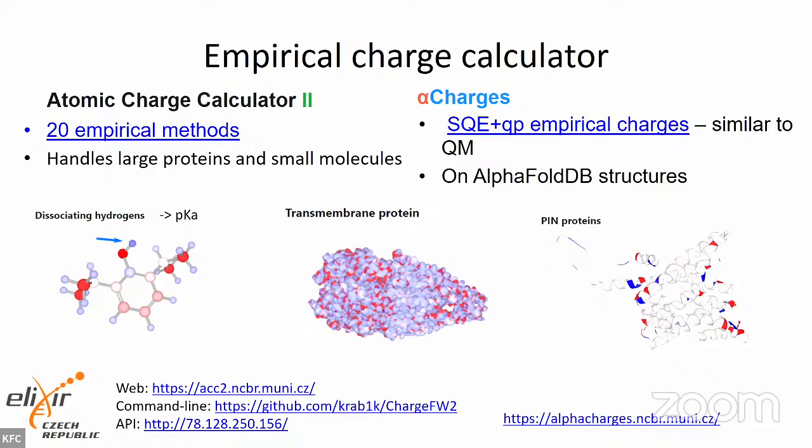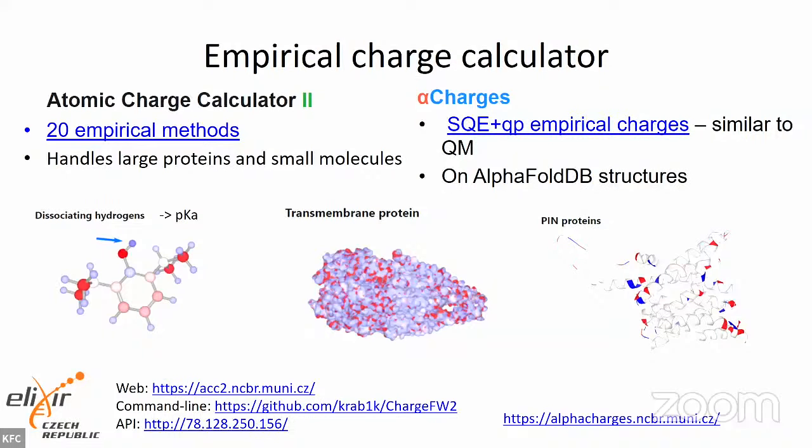The problem with Gasteiger charges, if you put them into the simulation, is that they are not as good for how the molecules interact with each other as the RESP charges are. Because the RESP charges basically describe how the molecule would interact with another molecule electrostatically.